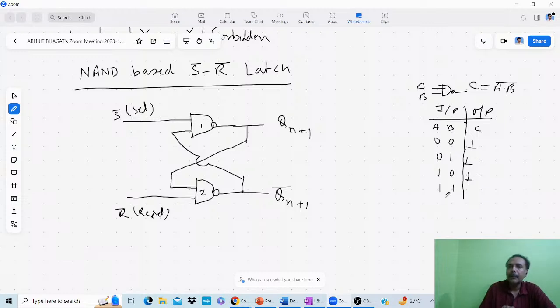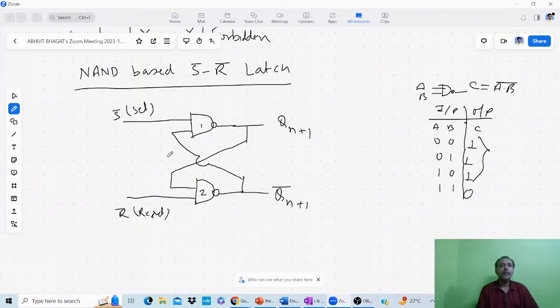When 1 1, 1 into 1 is 1, then 1 bar is 0. Here it is 0. Now you can see in this truth table, when any one input of A and B is 0, then your output is 1. Otherwise, it will be 0.